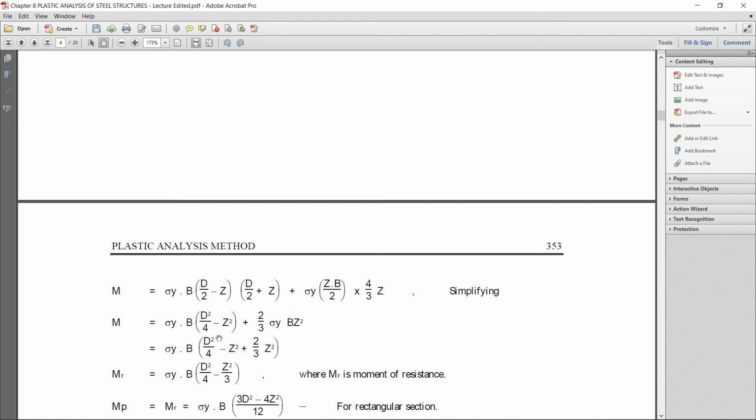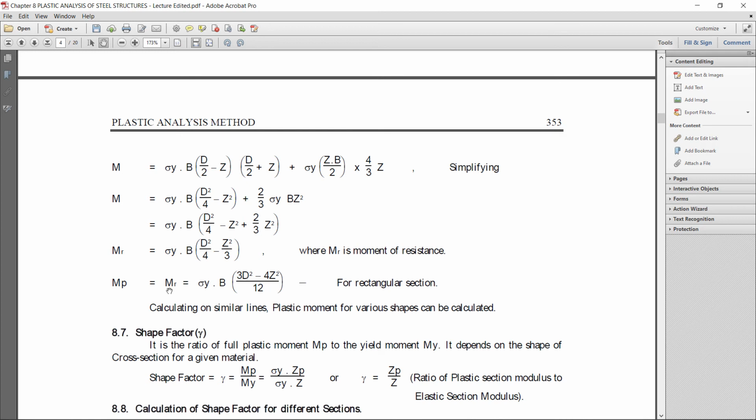Now combining and opening the brackets, you can see sigma y and b are common in the whole equation. So now d square by 4 minus z square plus 2 by 3 z square. You can perform this easily using a calculator. Minus 1 plus 2 by 3, you will get the answer of minus 1 by 3, z square over 3.